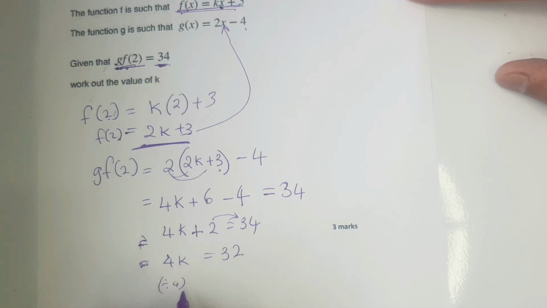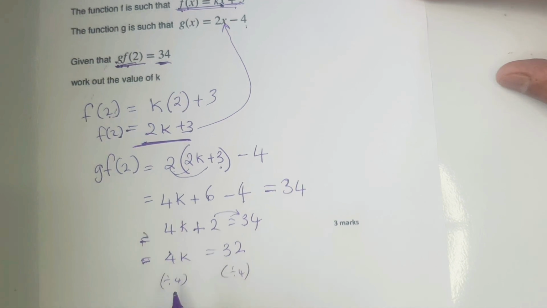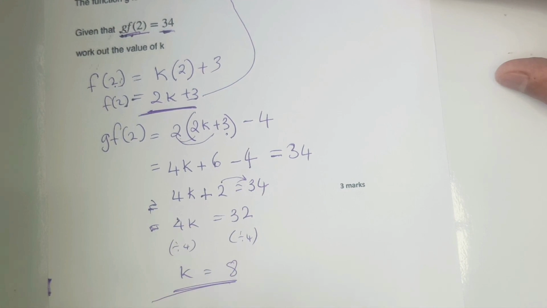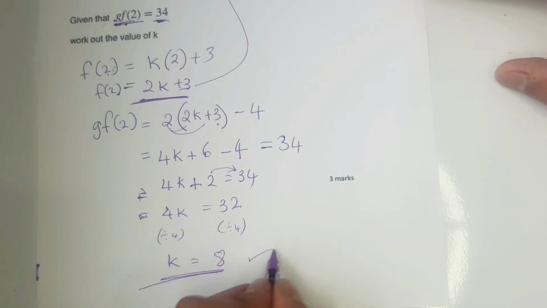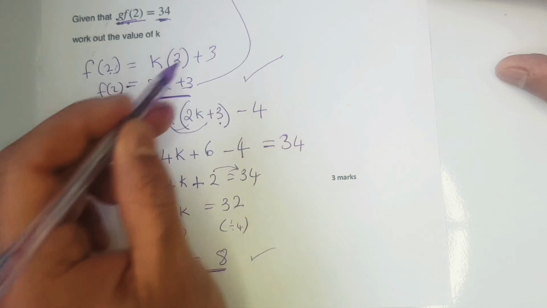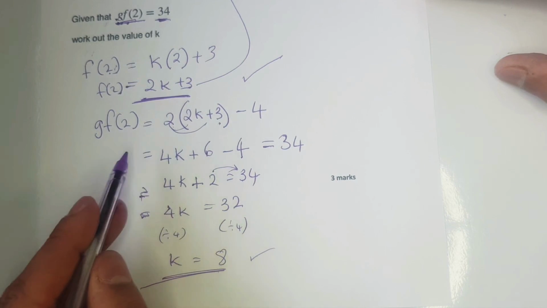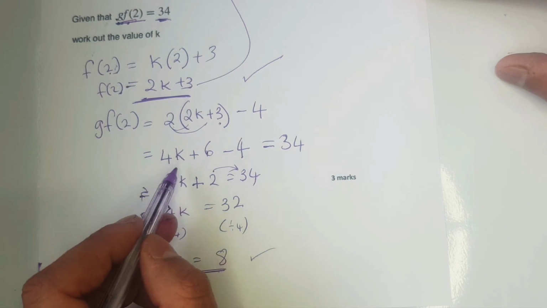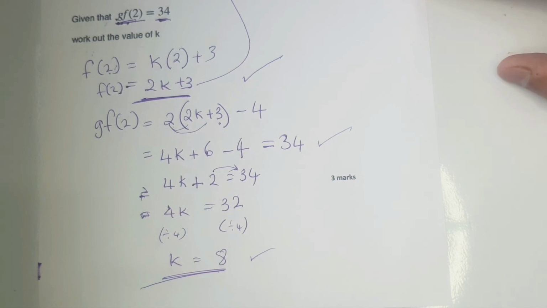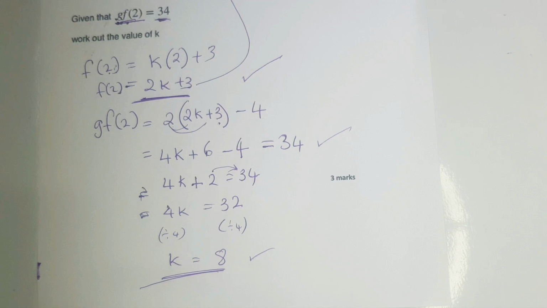Divide both sides by 4, and k is equal to 32 divided by 4, which gives me 8. So my answer for this question is k equals 8. 1 mark for finding f of 2. 2nd mark for working out the function for gf of 2 and equating it to 34. And the last mark for finding that k is equal to 8.